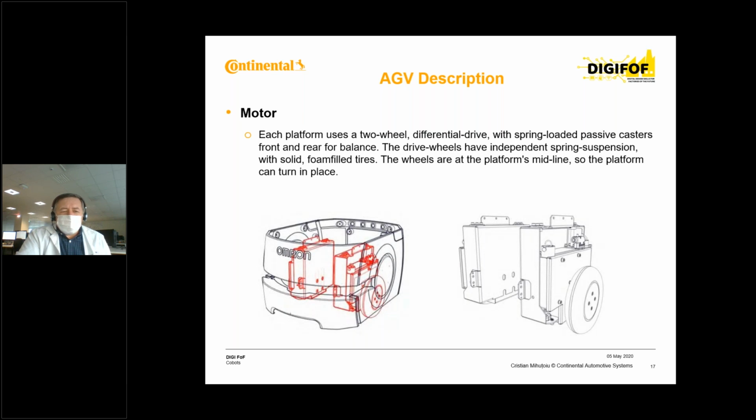The AGV is operated using a system of two wheels with differential drive, with small wheels in front and back in order to change direction easily. The wheels are on the platform midline, so the platform can turn in place. So you can see the AGV turning around on the same place on the shop floor.